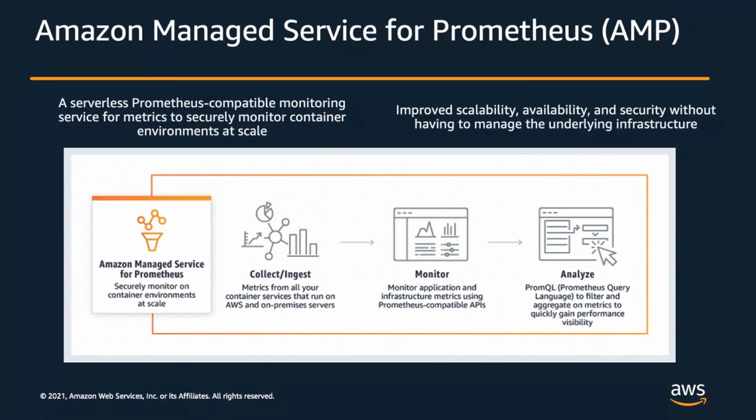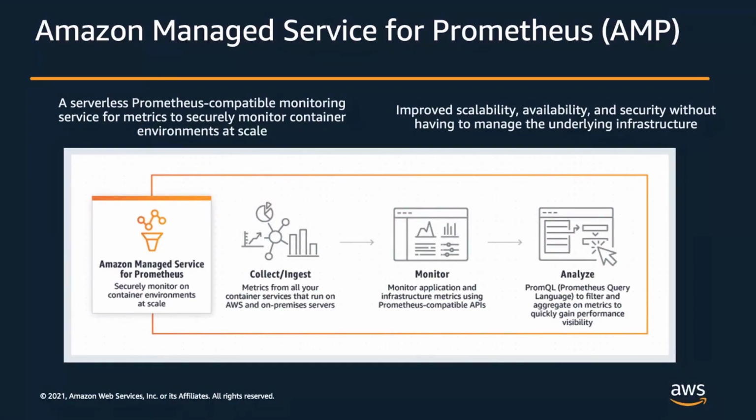One of the use cases for Amazon Managed Service for Prometheus is to monitor containers running on Amazon EC2, ECS, and EKS, as well as on premises and on other cloud providers. You can use it together with Amazon Managed Service for Grafana for monitoring, alerts, and dashboard views across all your Kubernetes environments.